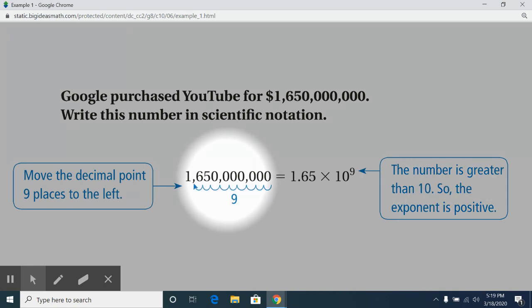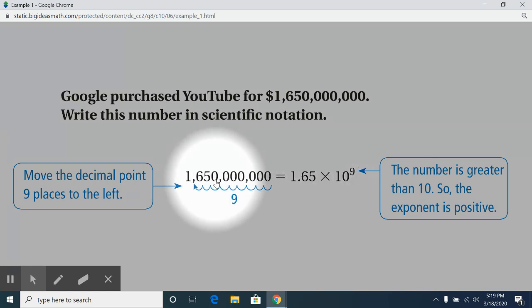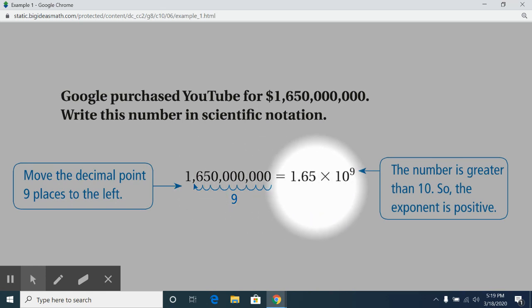Okay, so how do we write it? Our final answer is right here, 1.65, right? Do I need to show all these zeros? No. 1.65 times 10 to the 9th power would be our answer here, okay? So the non-zero numbers are the numbers that I must show when I'm writing in scientific notation, okay?